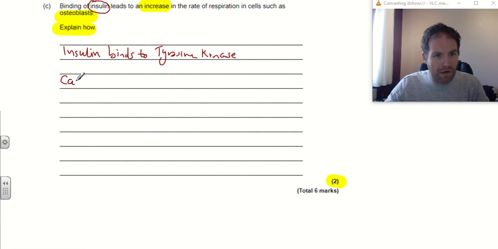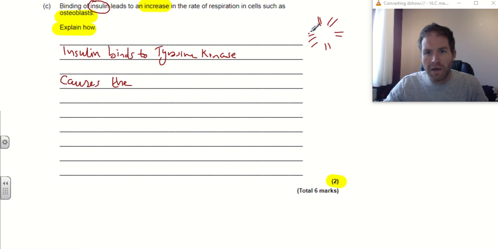That causes the vesicles to change. If you can remember, we drew these structures that have protein channels within them.